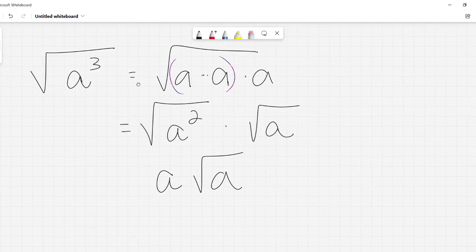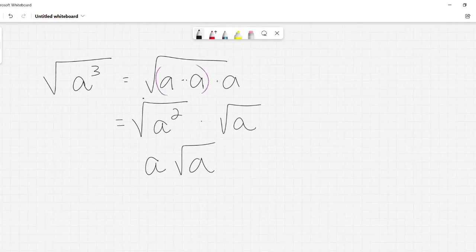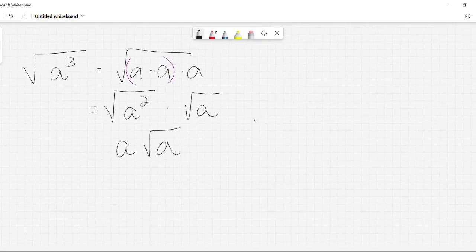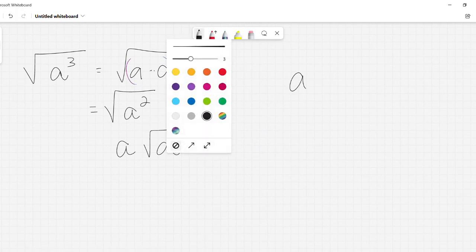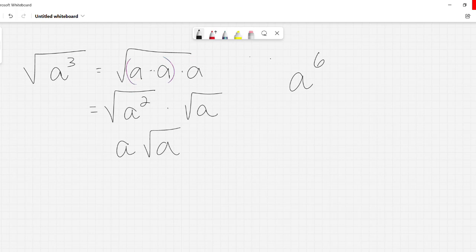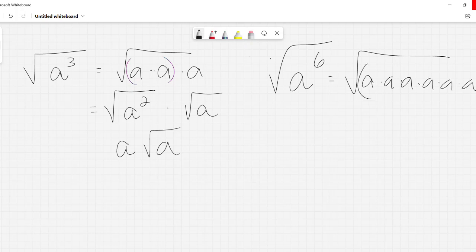Okay, I'll do another one. See if you can see the pattern that's going to emerge here. What if it was a to the power of 6? Well, a to the power of 6, a times a times a times a times a times a. I've got 3 a's times 3 a's, or a cubed times a cubed.